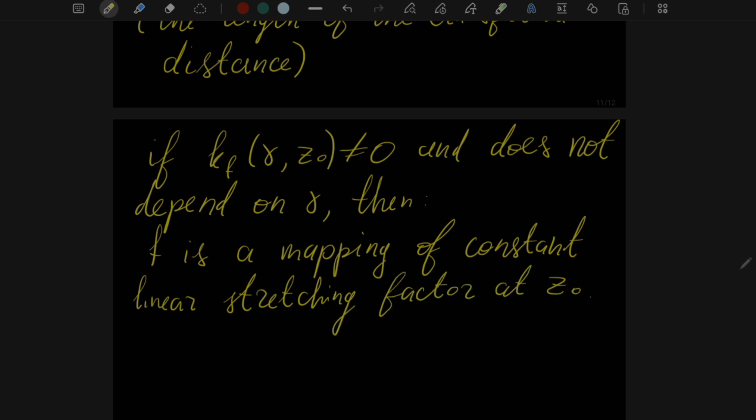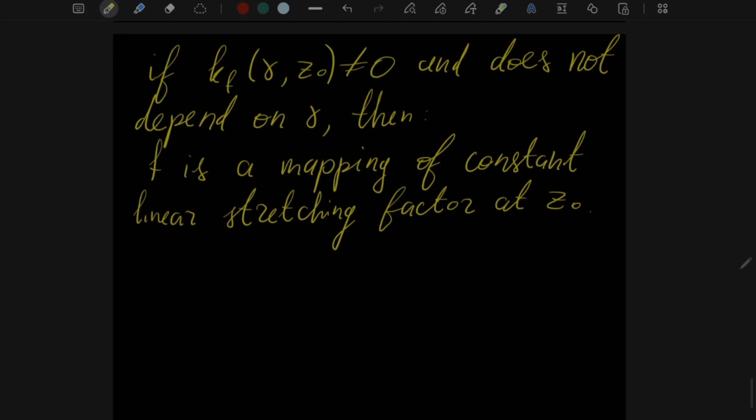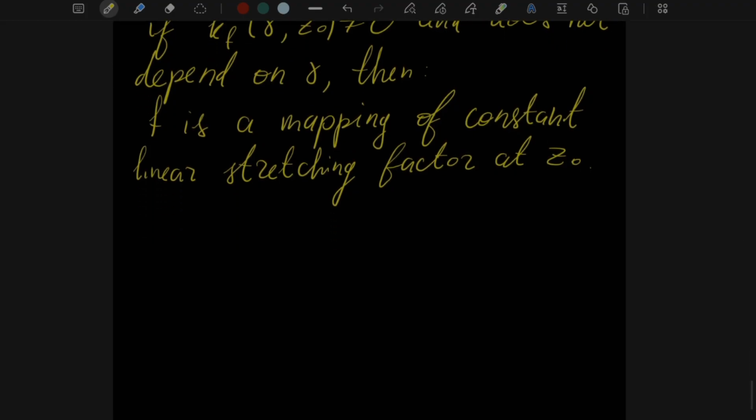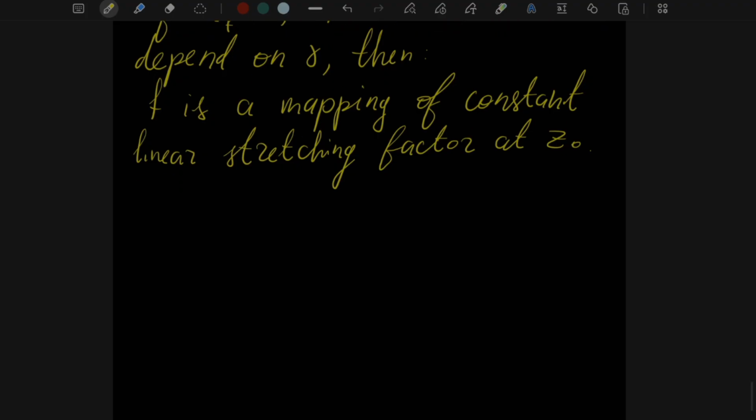So if it is non-zero and it does not depend on the curve, on both the shape of the curve and on the parameterization, then f is called a mapping of constant linear stretching at our point z0.